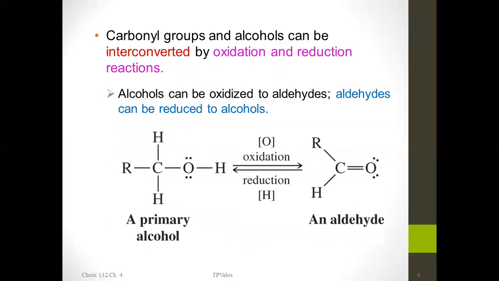Carbonyl groups and alcohols can be interconverted by oxidation and reduction reactions. So here we have seen the reaction of an alcohol. A primary alcohol can be oxidized to form an aldehyde, or this aldehyde can be reduced back to a primary alcohol. So you can have an interconversion between a primary alcohol and an aldehyde in a redox, oxidation reduction reaction.